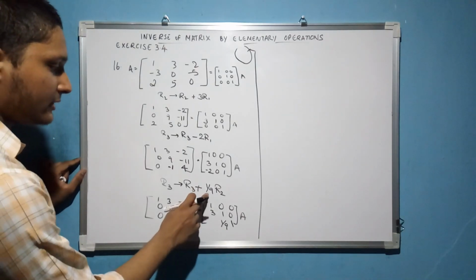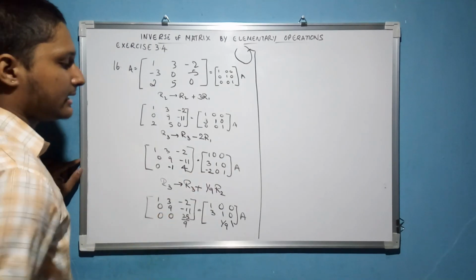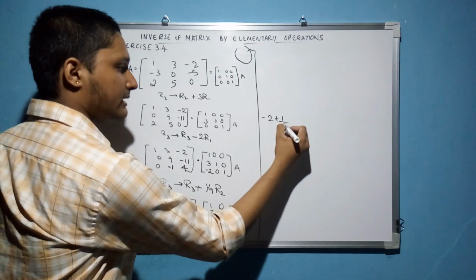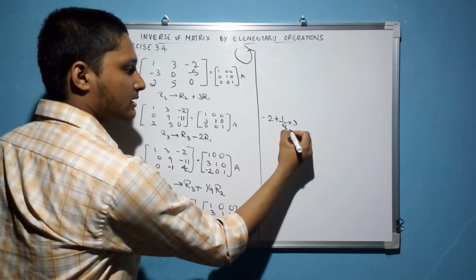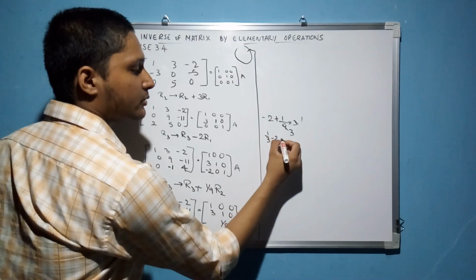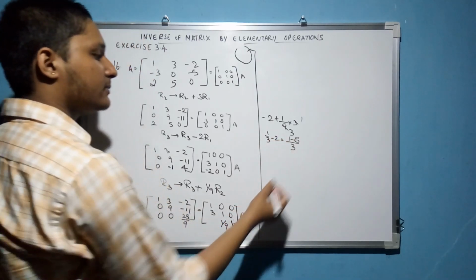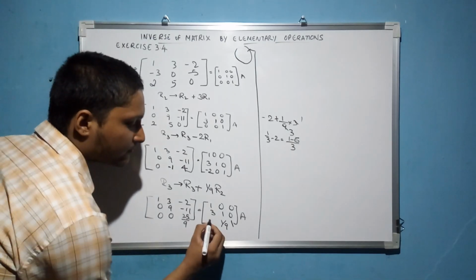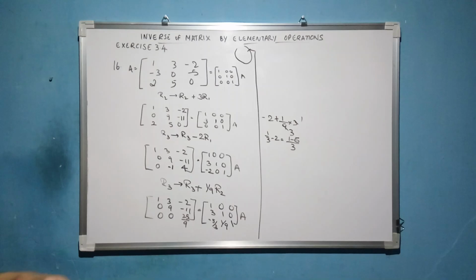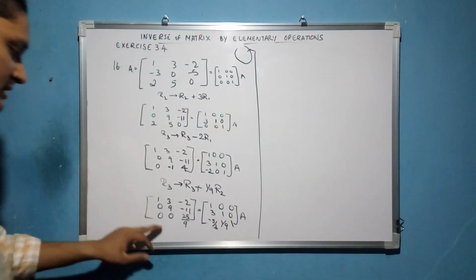Later you are going to have minus 2 plus 1 by 9 into 3, that is going to be 1 by 3. So 1 by 3 minus 2 is the same as 1 minus 6 divided by 3, or minus 5 by 3. Minus 5 by 3 is what you are going to get. Okay, that much is over now. So those many zeros we got.